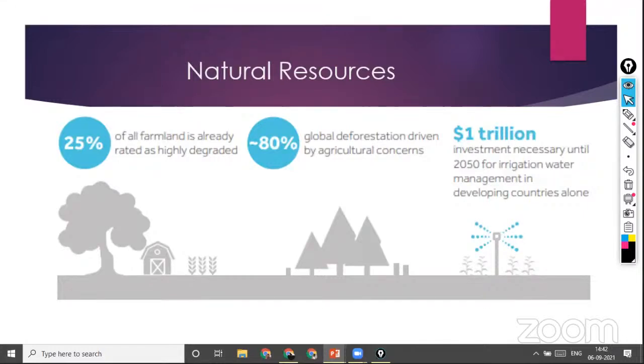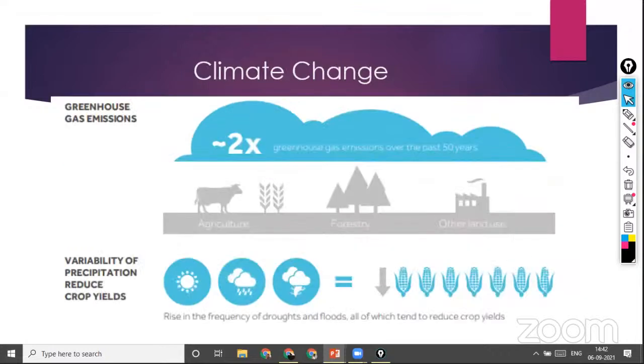At the same time, it's worthy to note that the water resources are also getting highly stressed, and you can see the $1 trillion investment necessary until 2050 for irrigation water management, especially in the developing countries. These are real concerns. And climate change is another concern, as greenhouse gas emissions have grown 2 times in the past 50 years.